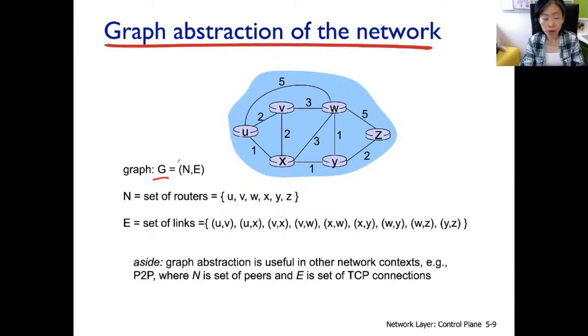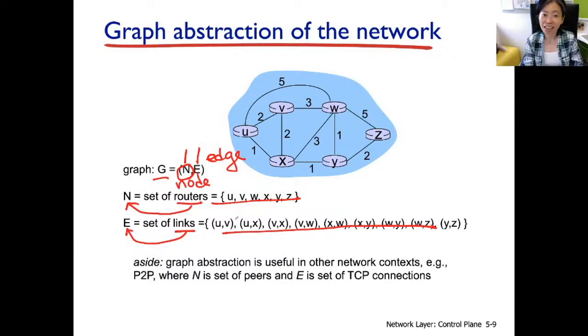A graph consists of the set of nodes and the set of edges interconnecting the nodes. So N here stands for nodes, and E here stands for edges. If you consider the routers as nodes, the set of routers is N. If you consider links as the edges, then E is the set of the edges.